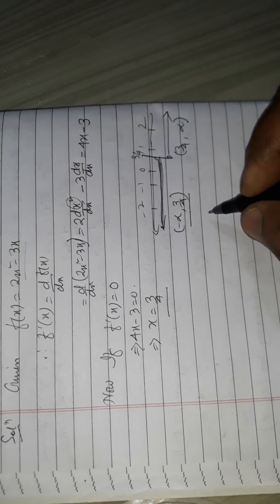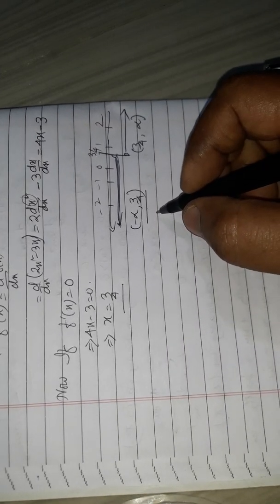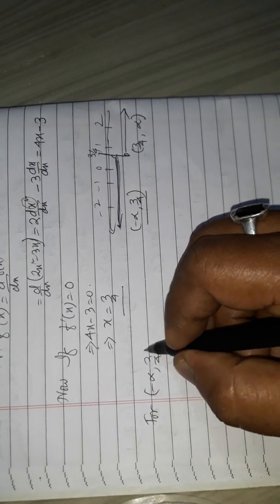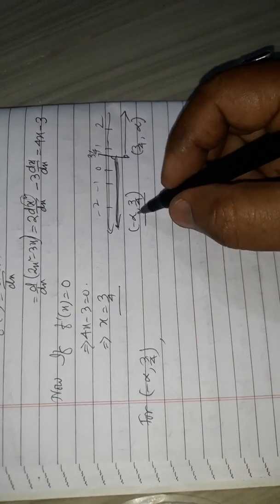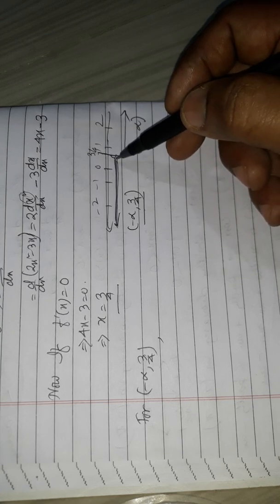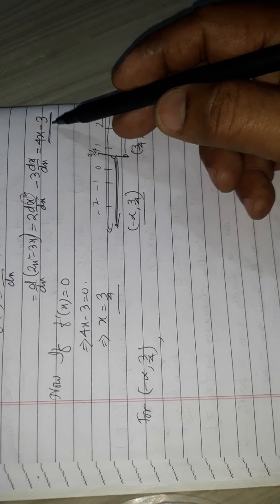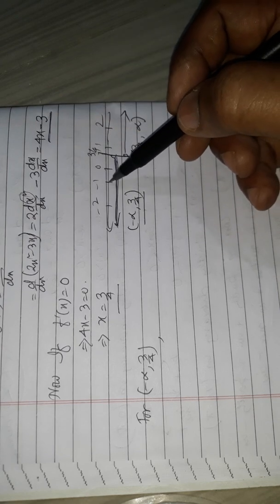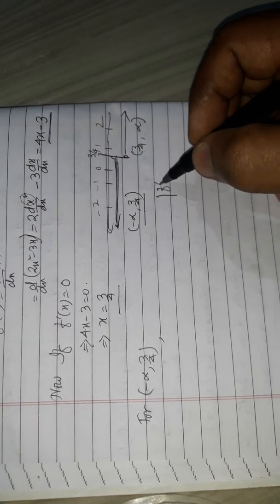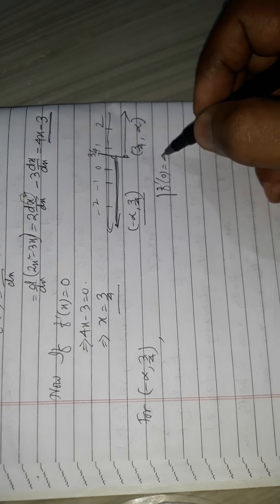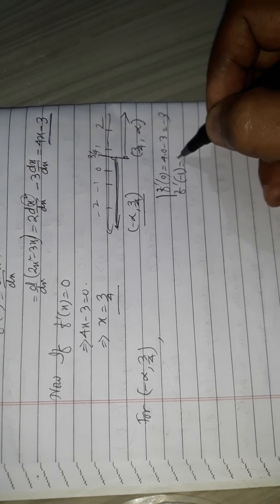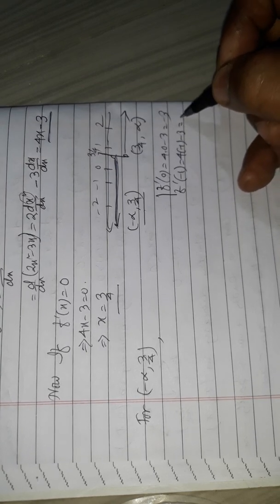Now we have to check the value of f dash x for each interval. For minus infinity to 3 by 4, if we put any value, suppose 0, in f dash x, we get minus 3. If we put minus 1, we get minus 7. So f dash 0 is 4 into 0 minus 3, a negative term, and f dash minus 1 is 4 into minus 1 minus 3, which is minus 7.